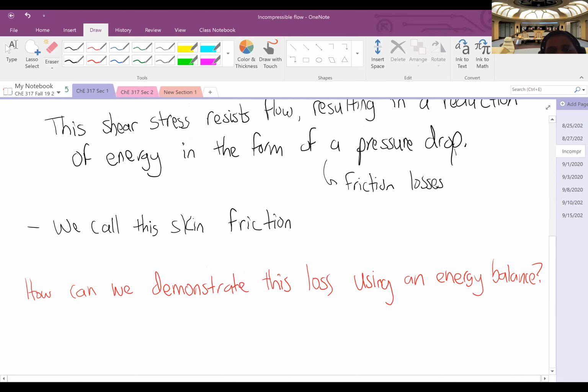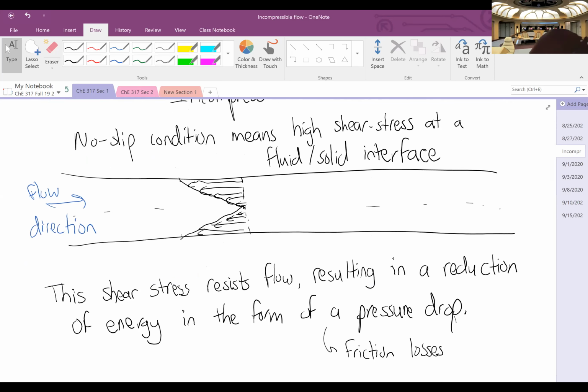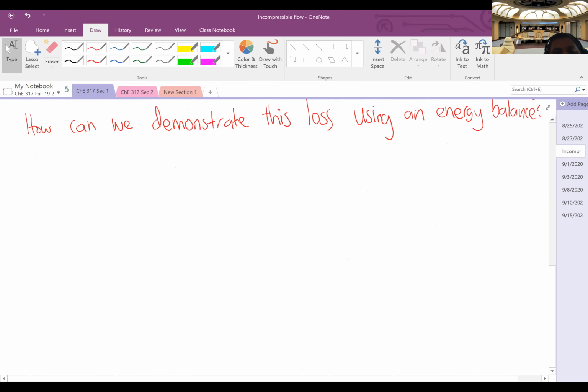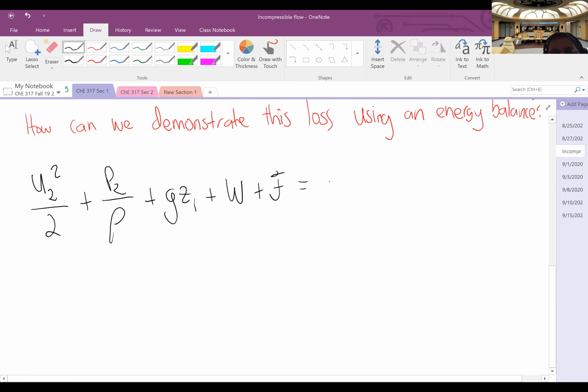Well, if I was going to go back to my flow through a pipe, I have some P1 initially and some P2 final. And if I were to pick points at those same locations, I can write an energy balance like this.